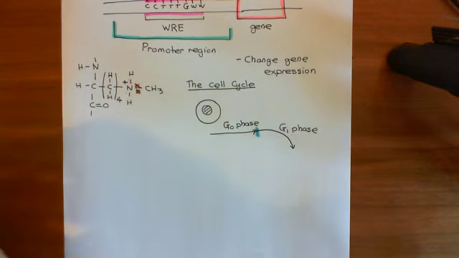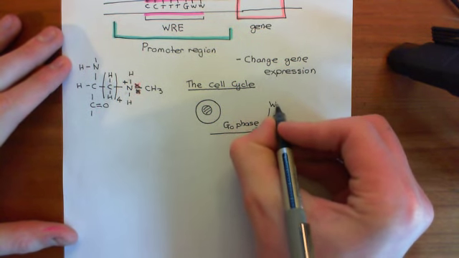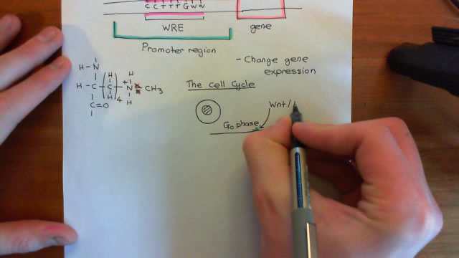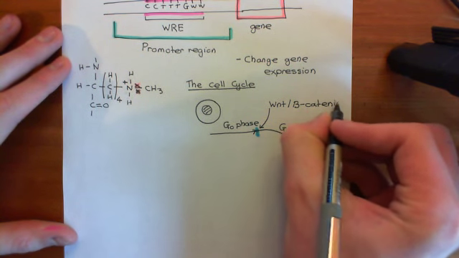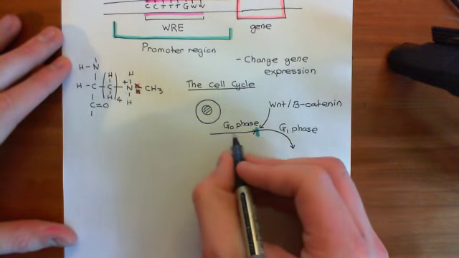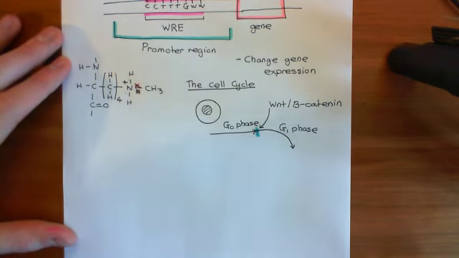It's this transition here that the Wnt beta-catenin pathway is going to be involved in. Okay, so this change in gene expression that you get as a result of activating the Wnt beta-catenin pathway is going to result in the cell moving from G0 phase to G1 phase.